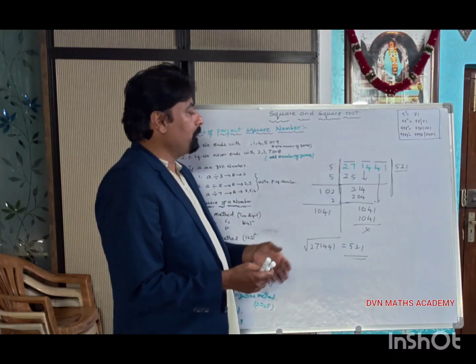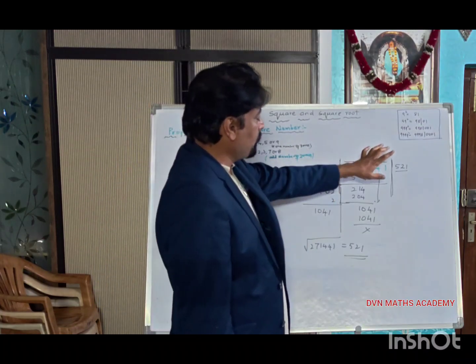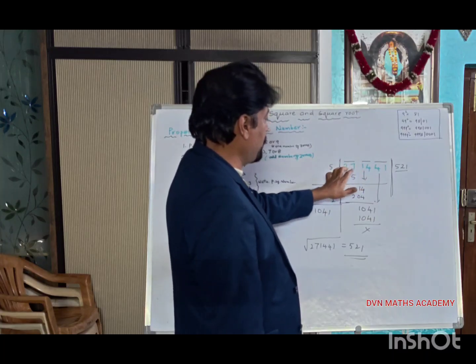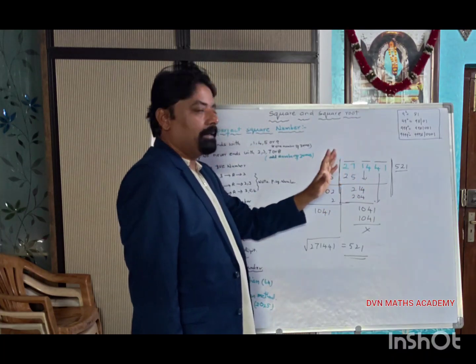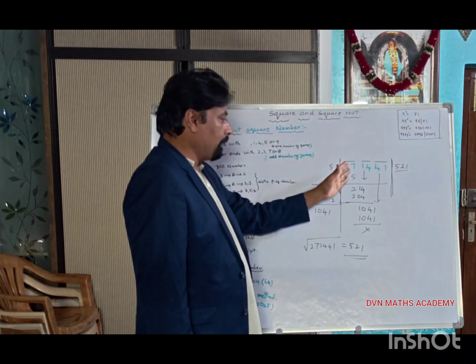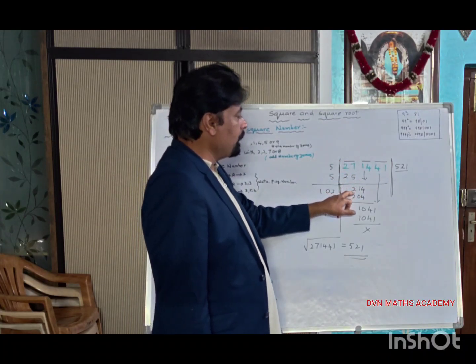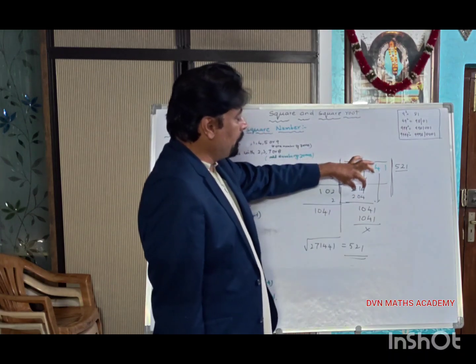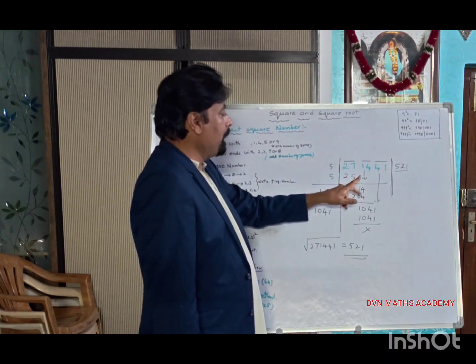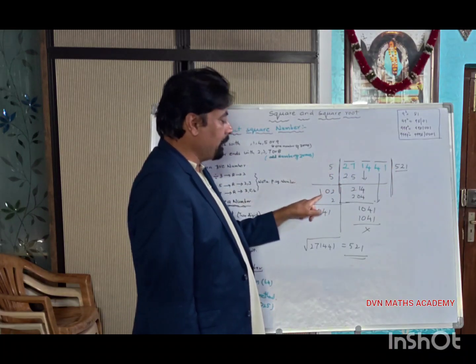While doing this method, if you practice more, you can learn easily. You take only perfect square numbers. Here first you make the pairs, and afterwards you take the perfect square number to apply. So 5 5s are 25, and you subtract it. After subtraction you will get 2 here, and you bring down 2 digits at a time. And don't forget to add this 5 to this one. If you add these 2, you will get 10 here.